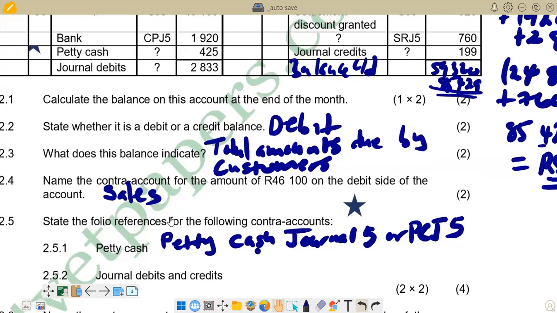And when they are made, usually it's an error that was made and they are correcting an error. So they make a journal entry. So the most appropriate answer that we can put is that they are correcting some errors, because journal entries are usually used to correct errors. So for journal debits and credits, there is correction of errors.